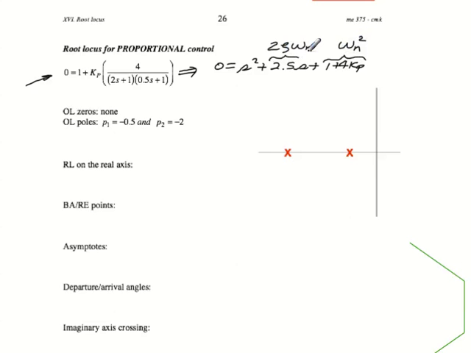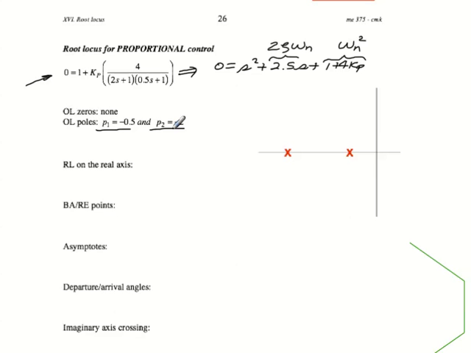Okay, as we look at it and go through our different rules and guides here, P1 and P2 are two poles. These are the open loop poles of our plant, and I've shown those with the red axis there in the picture. Where on the real axis does the root locus exist? We know it has to be to the left of an odd number of open loop zeros and poles.